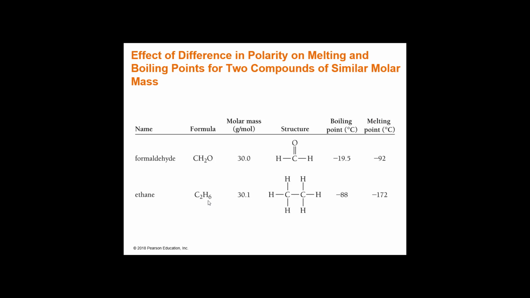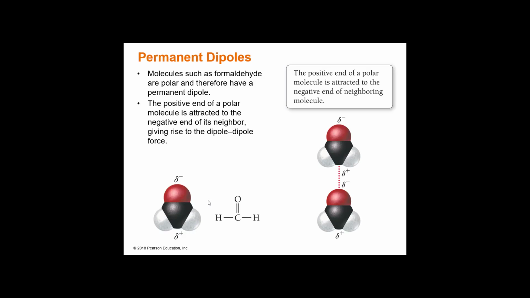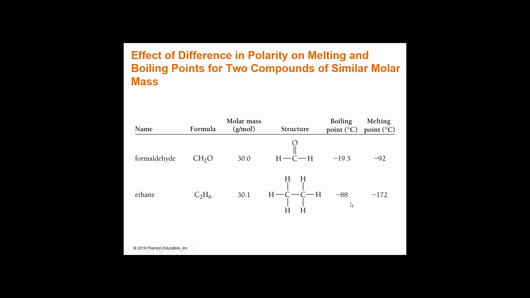Formaldehyde has a permanent dipole, so it has dipole-dipole forces, and you can see the difference. Negative 88 compared to negative 19.5 is closer to 0 for the boiling point, so formaldehyde has a higher boiling point than ethane. The melting point is negative 172 for ethane versus negative 92, which is closer to 0. So the same thing applies. Formaldehyde has two forces compared to the nonpolar molecule.